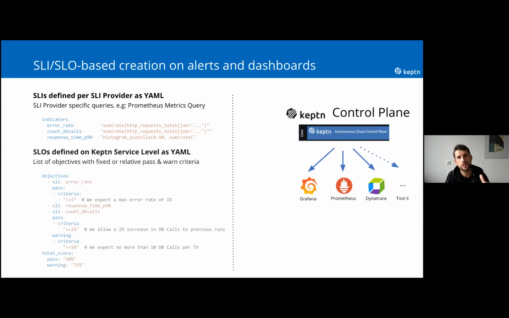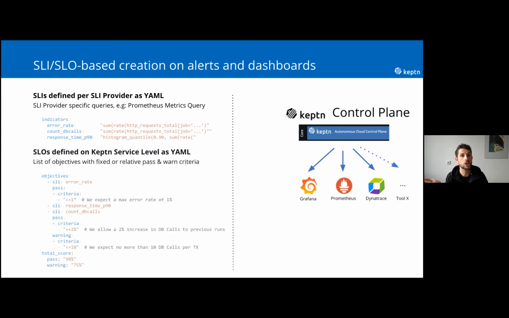And then we have the service level objective file, where you can actually now reuse all these indicators. So if you take a look, we are using here the error rate, but it's not important how to actually query this metric, but we can just use it in our service level objective file, which makes it on the one hand very readable, and on the other hand also very tool independent.